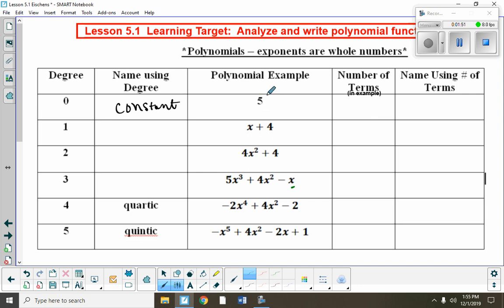In this case, we just have one term, so it's a monomial. Next one, we have two terms. The highest degree is 1. So we would say that this is a linear equation, a linear polynomial.